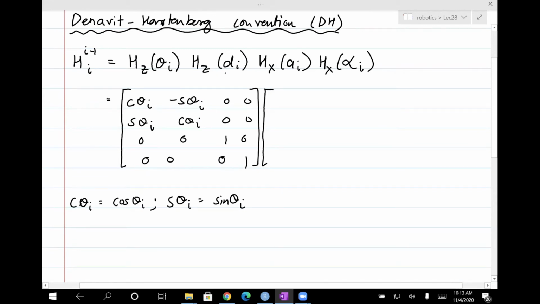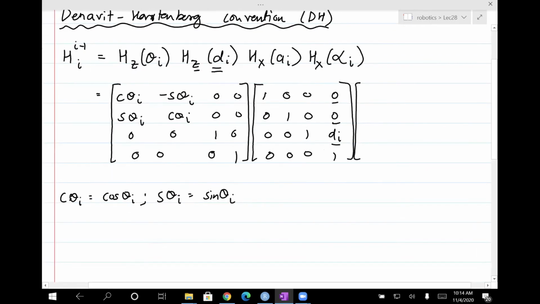Then we have the translation along the z-axis by distance d_i. First we write the identity matrix for the first three rows and three columns. Then for the translation along the z-axis by distance d_i, I put d_i in row 3, column 4, and zeros for the x and y translation. Looks like I'm going to run out of space.